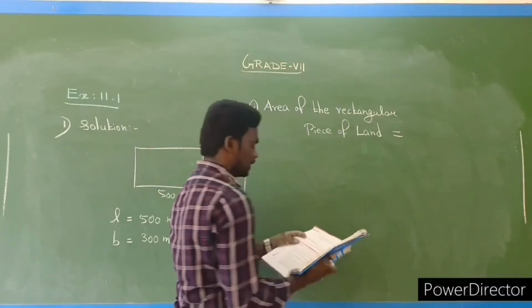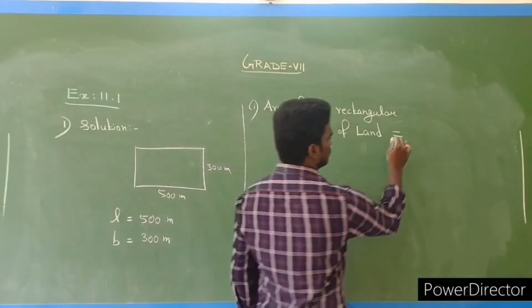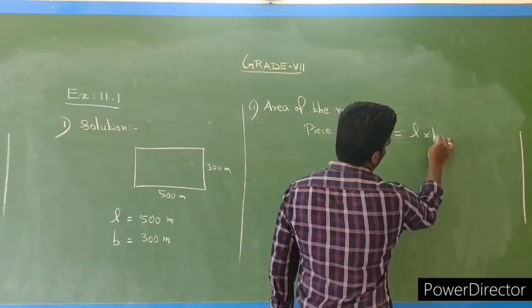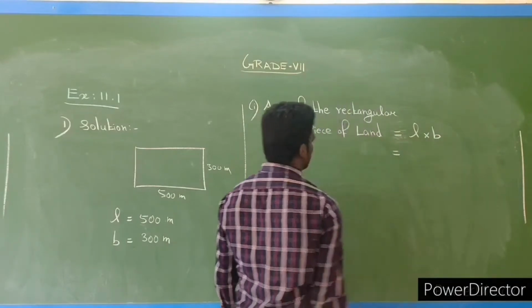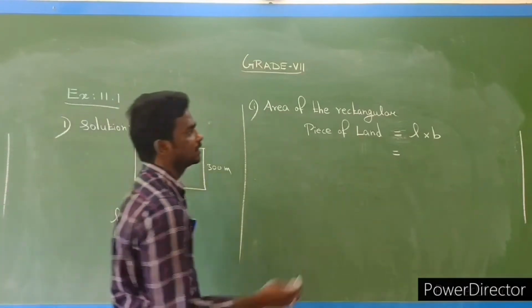Area of the rectangular piece of land is equal to length into breadth. We know the formula for area of the rectangle: L into B, which is equal to, the length is 500 meter and breadth is 300 meter.